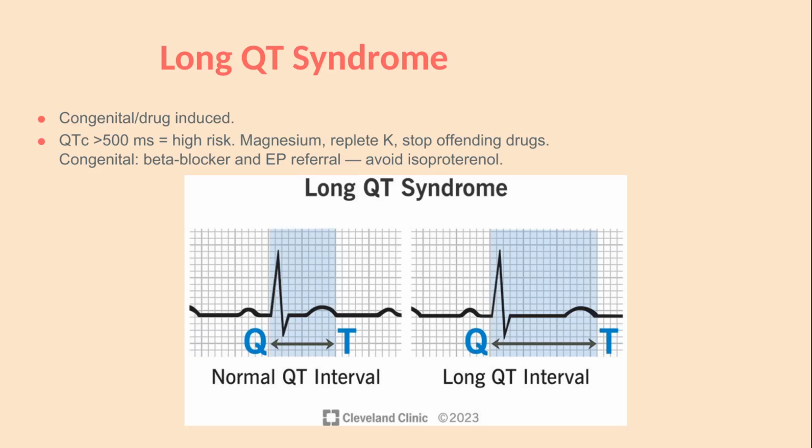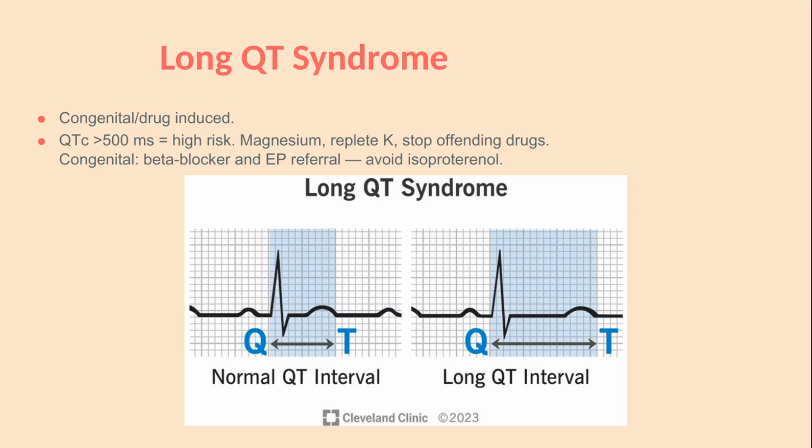Long QT syndrome comes in two families. The congenital form is a channelopathy presenting in the young, classically with syncope or sudden death triggered by exertion, emotion, or startle, and a family history that repays careful questioning. The acquired form is far more common in the ED and is drug-induced.